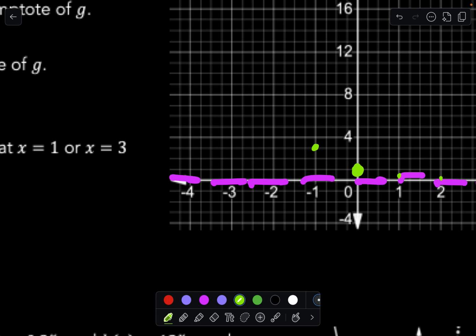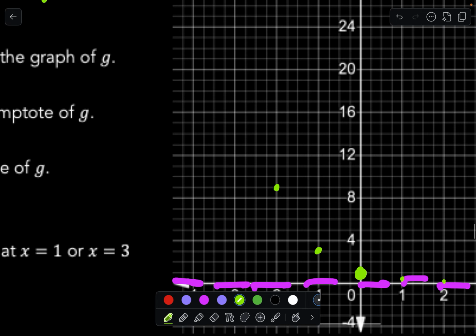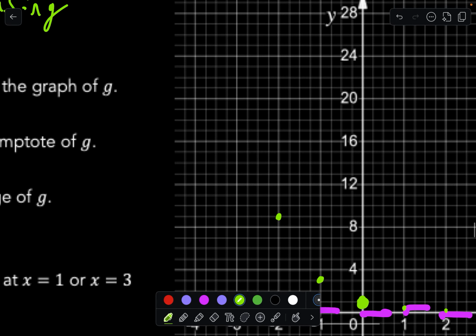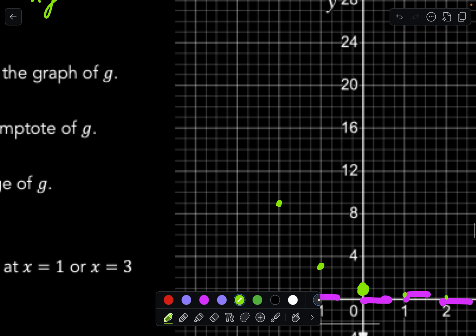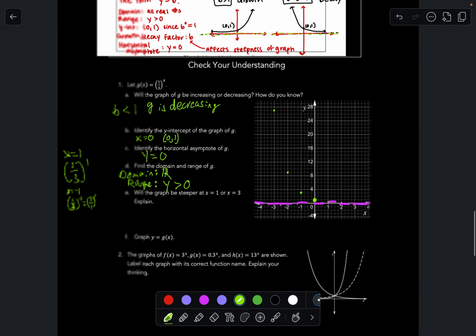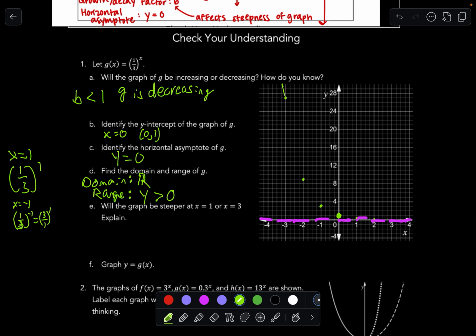When x is -2, it's going to be 3 squared, which is 9, right there. When x is -3, 1/3 to the -3 is a positive 27. So here's 24, 25, 26, 27. Looks like it's right there. And we can connect the dots with a nice smooth curve.